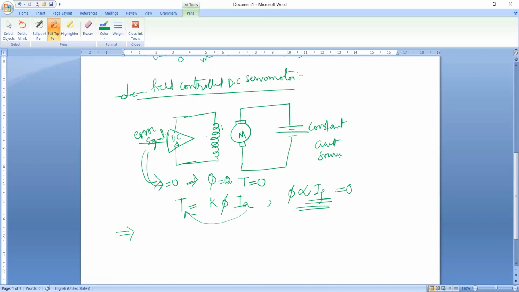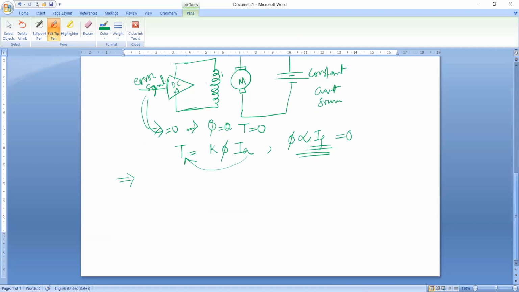The next one is the armature controlled DC motor.